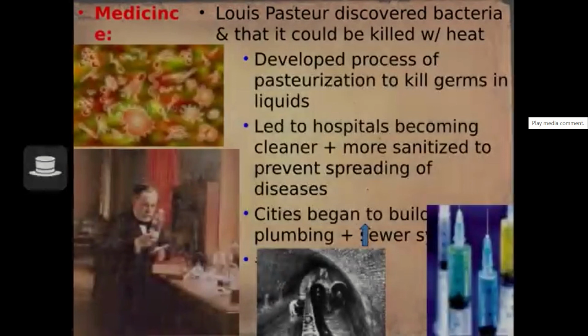In medicine, by far the most significant thing that happens in the time period is the advancements in medicine, which would probably be a very good question for a short response. So if you get that, this would be a good place to come back to. Staggering significance, all right? You have Louis Pasteur, who discovers germ theory.